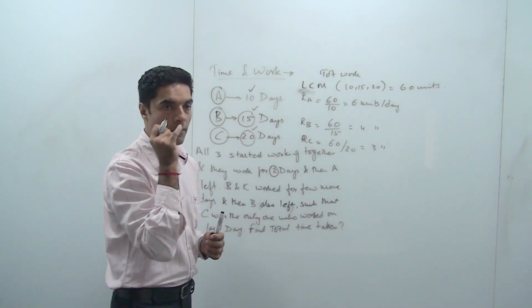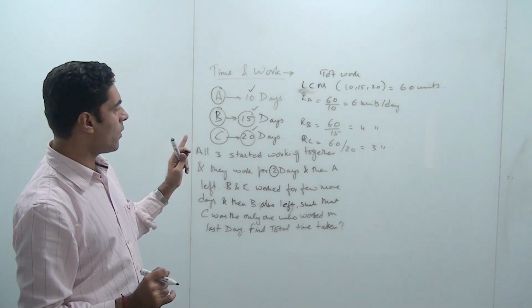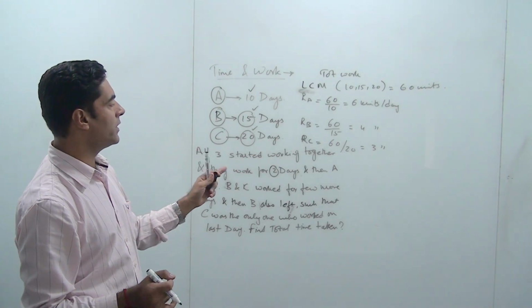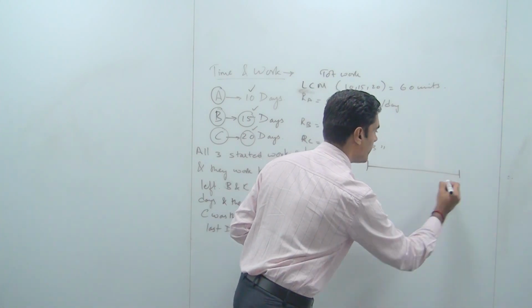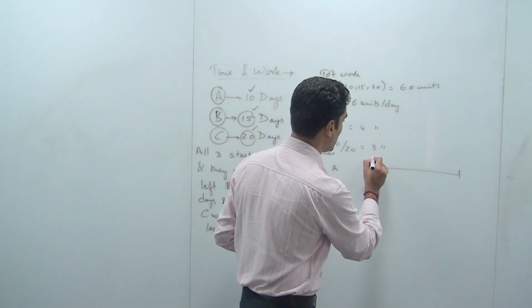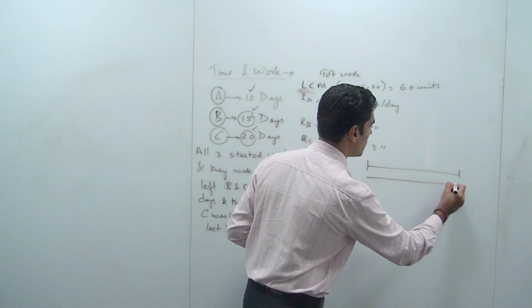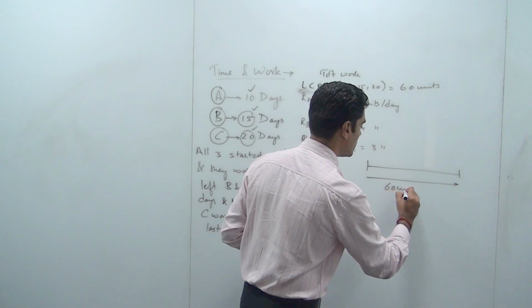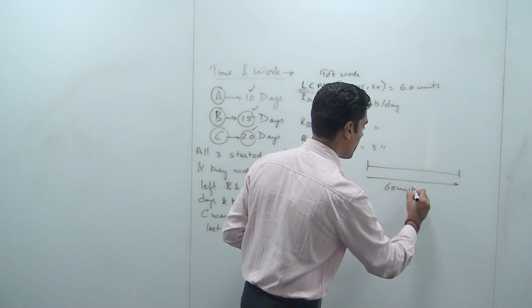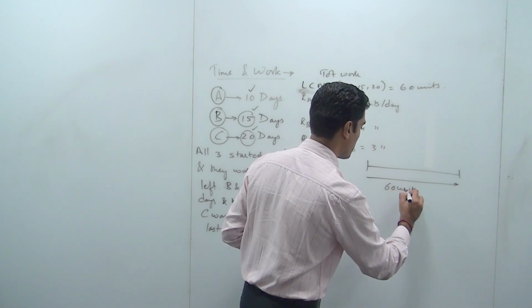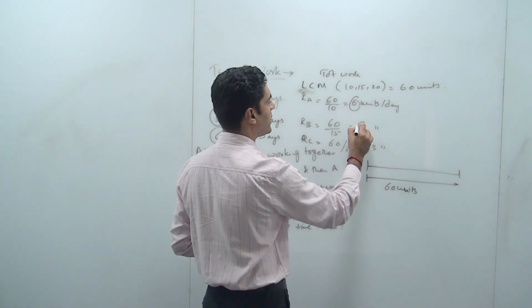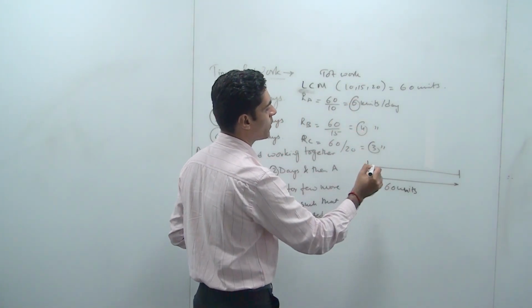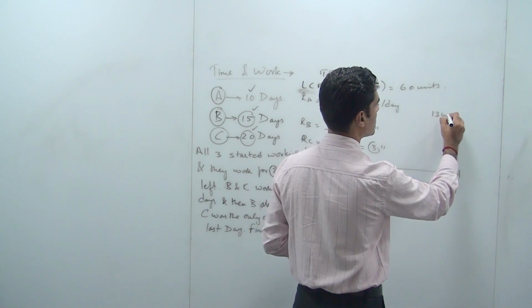Fine. Now it is given in the question that all three started working together and they worked for 2 days. If I draw this on a number line, I know the total work we are talking about is 60 units. One day's work of all three combined is 6 plus 4 plus 3, which is 13 units.